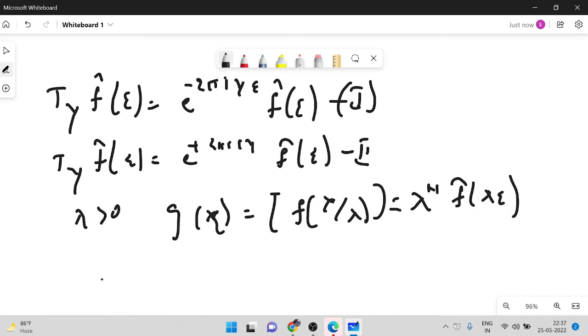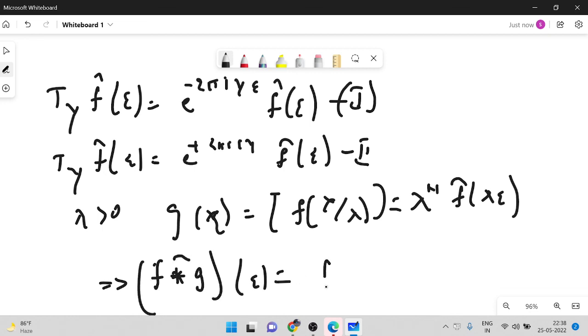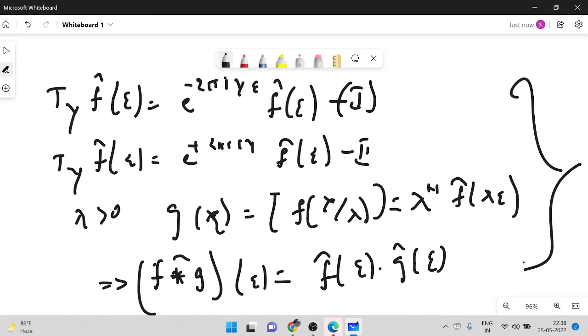Similarly, this is one of the important ones: you convert your functions and find the Fourier transform, which is equal to the product of the Fourier transforms. Something that all of us studied with Laplace transforms. So I'm just recapping all that.